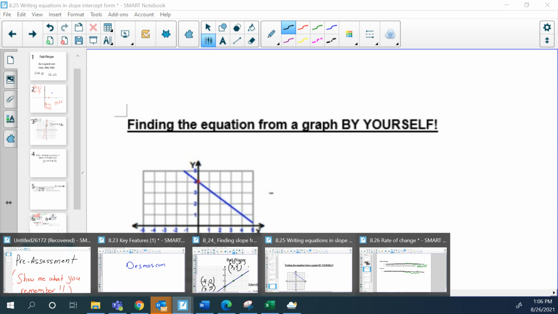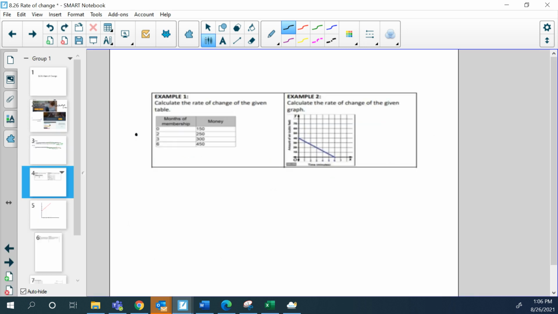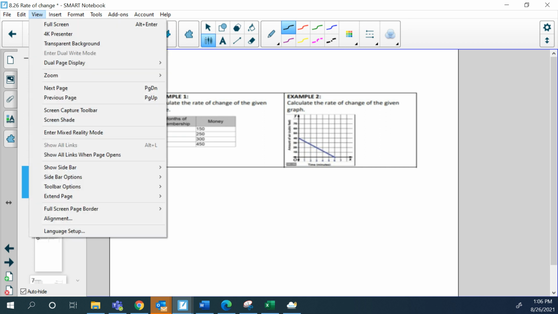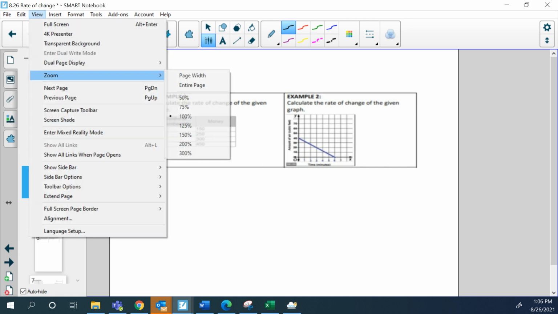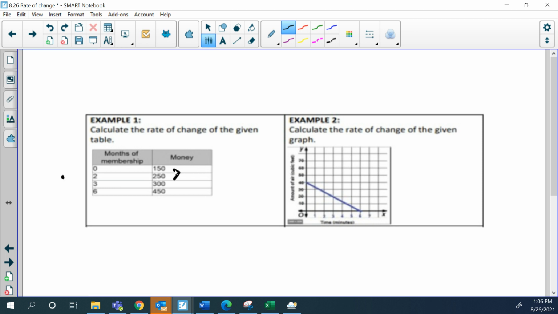Okay, wrong slide. Let's go back to this one and say, here's an example. You're asked to find the rate of change from a table. Okay, so let's make it a little bit bigger. So we can do the delta change, or I can pick 2 points.